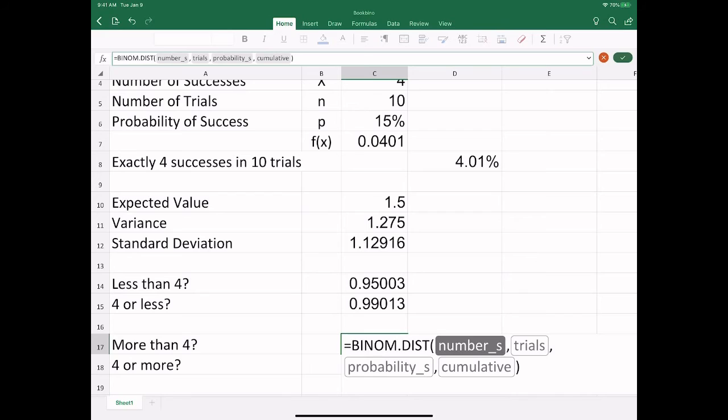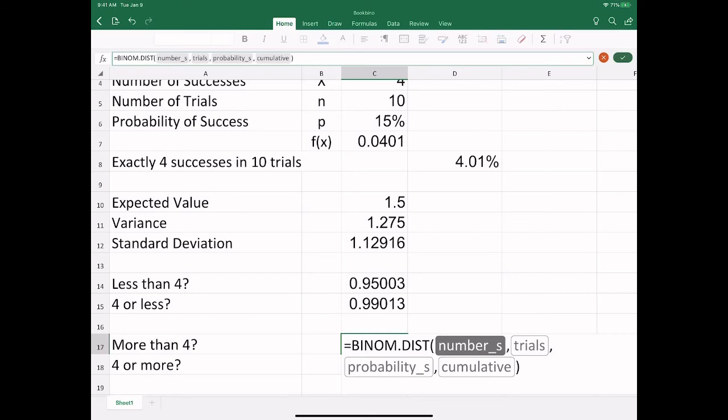Well, if you want more than 4 and you're going more than, greater than, equal to, or more, you need to recognize that Excel does not calculate more than numbers, which is not a problem because all of the data represents 100%.